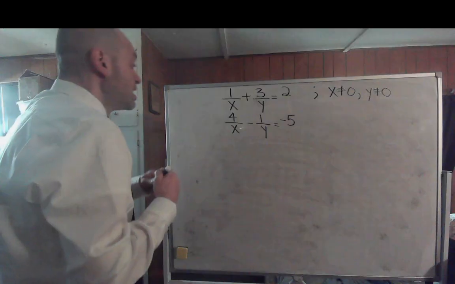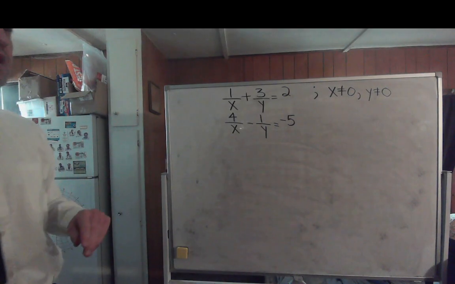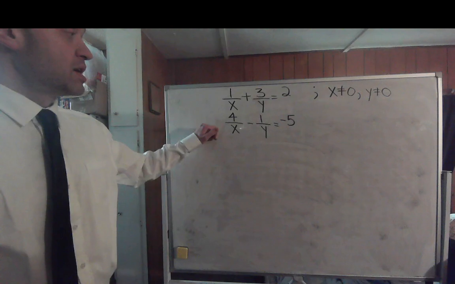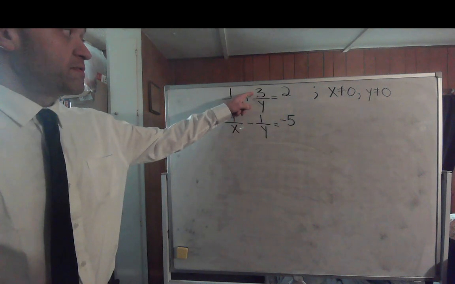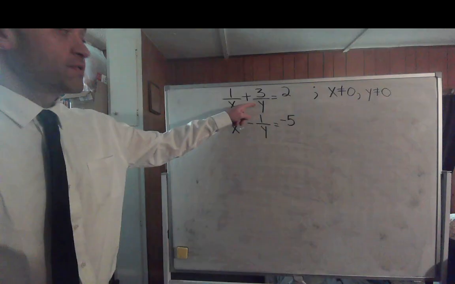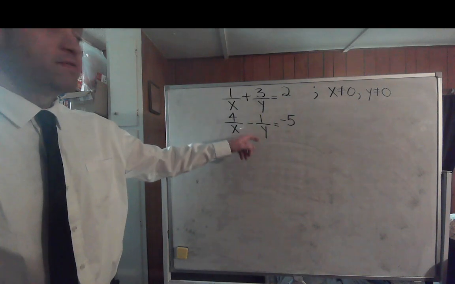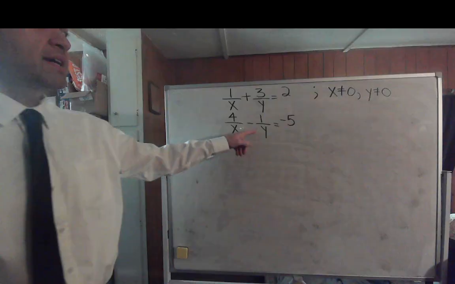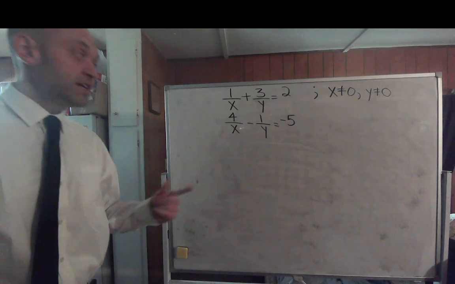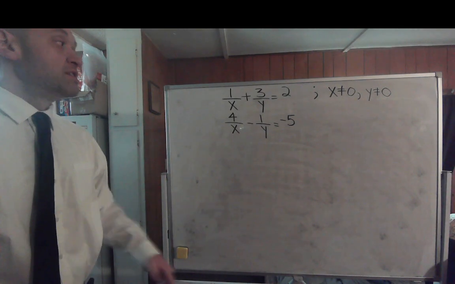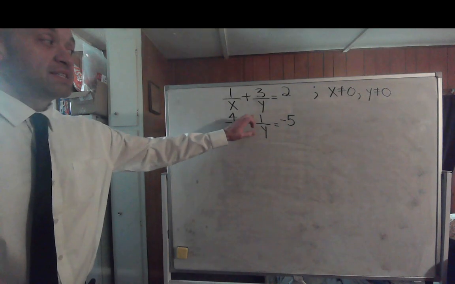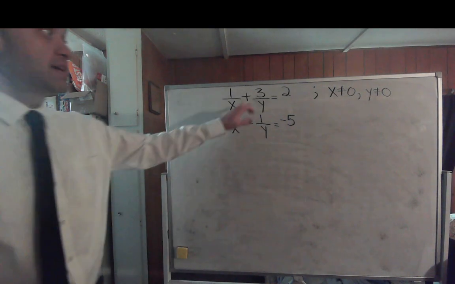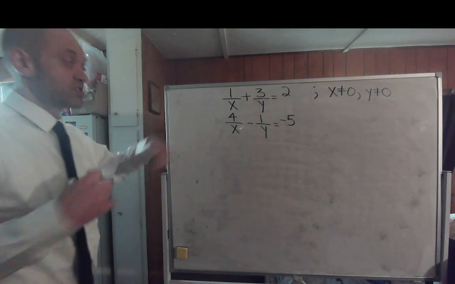Okay? But much the same way, if you look at this system here, you have a positive coefficient on the 3 over y in the first equation and a negative coefficient on the 1 over y in the second equation. If I multiply the second equation by 3, I can get rid of my y term and just solve for x.